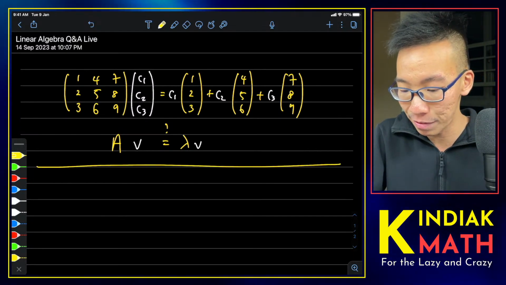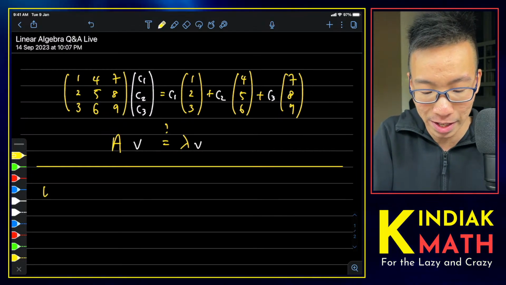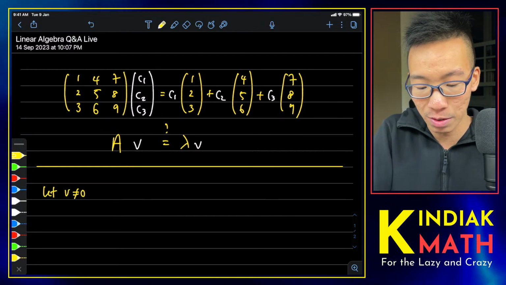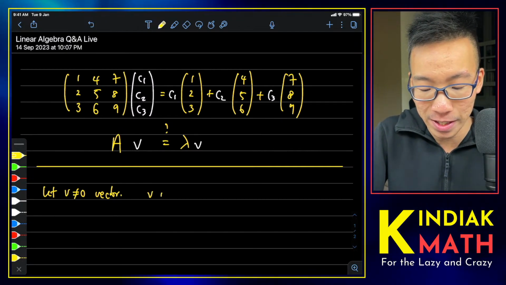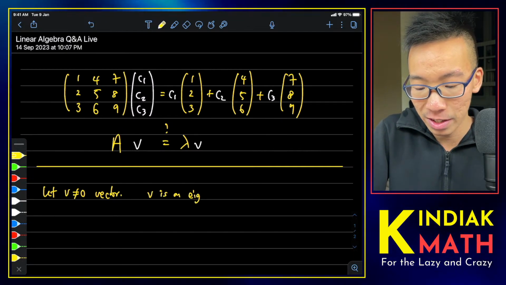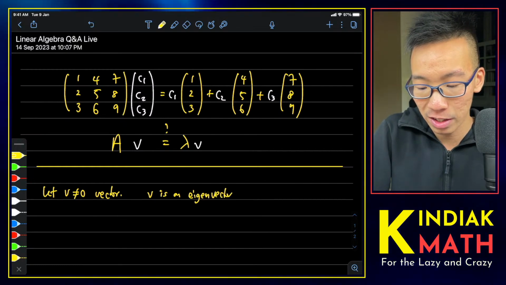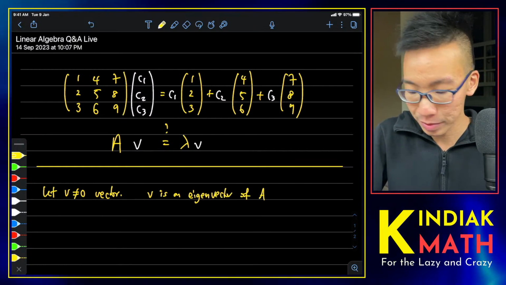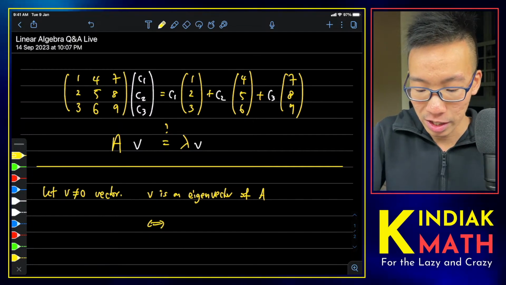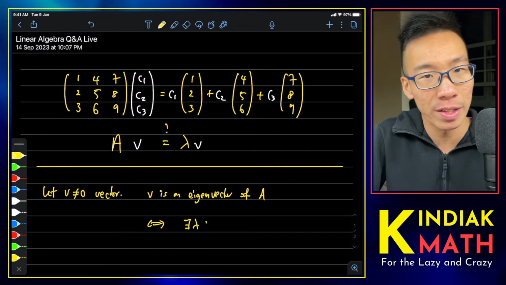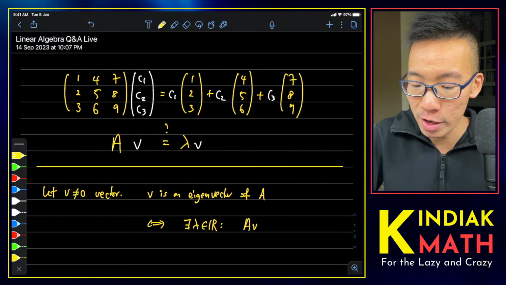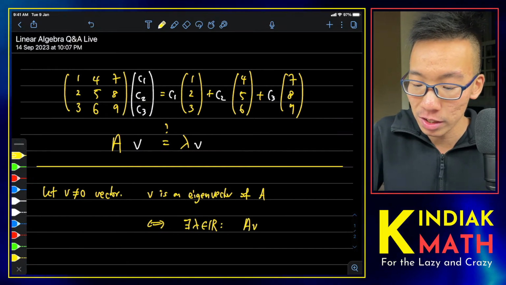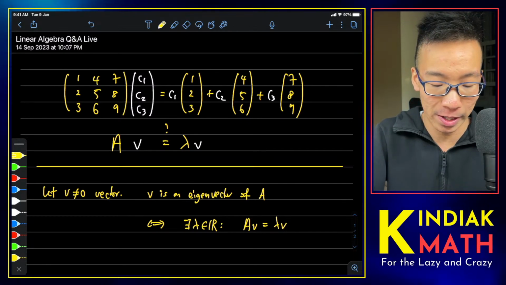So in fact, we can define an eigenvector. Let V be a non-zero vector. We say that V is an eigenvector of A precisely when you can find some real number lambda with the property that matrix multiplication turns out to be scalar multiplication.